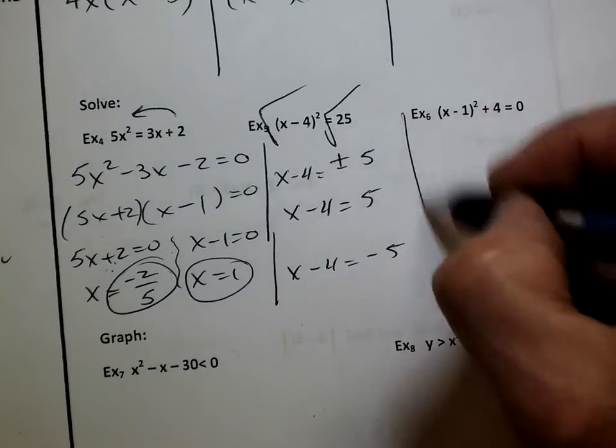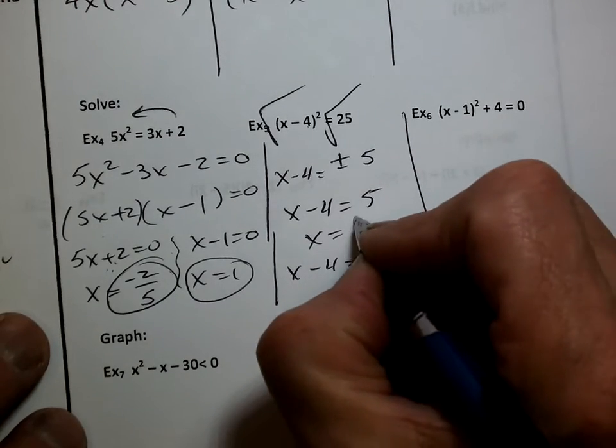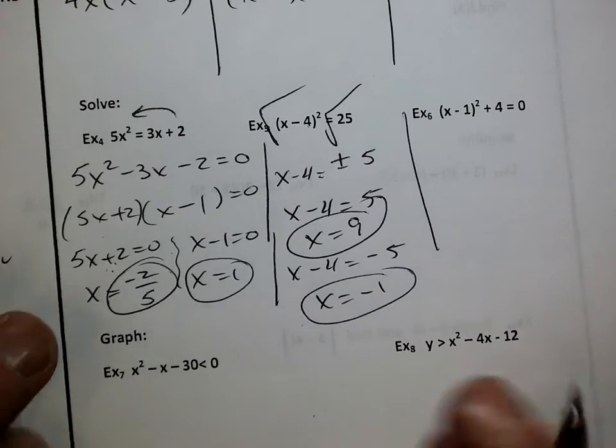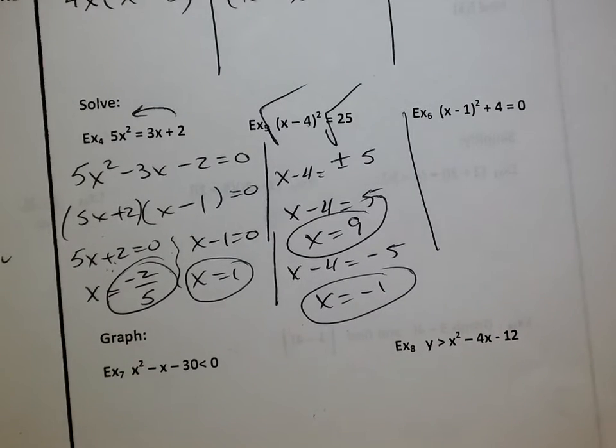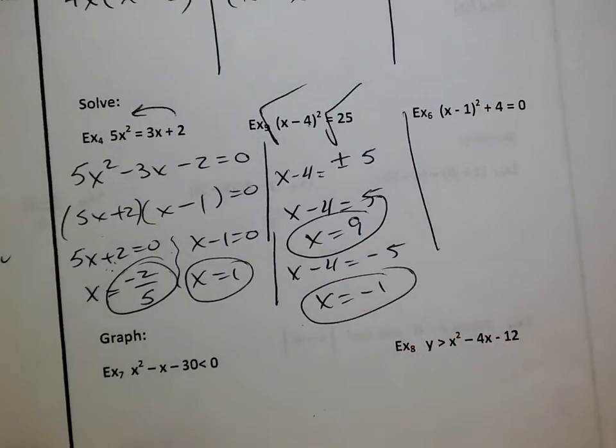My mini equations. Plus 4, the first one is 9. Plus 4, the other answer is negative 1. How am I doing? Because we've been doing this a lot, haven't we? For about 3 weeks. We should be getting good at this.